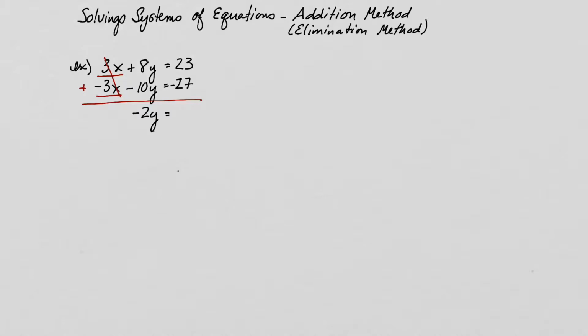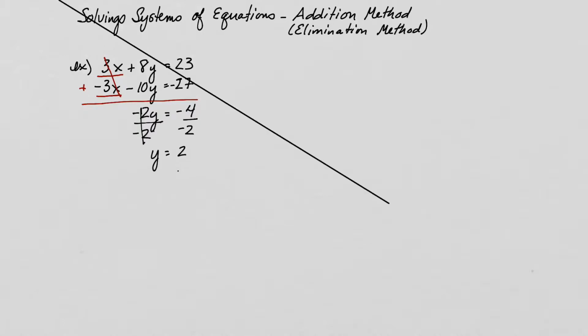And then the 23 minus 27 would give me a negative 4. And now I could easily solve by dividing both sides by negative 2. And so y ends up being this nice number 2.